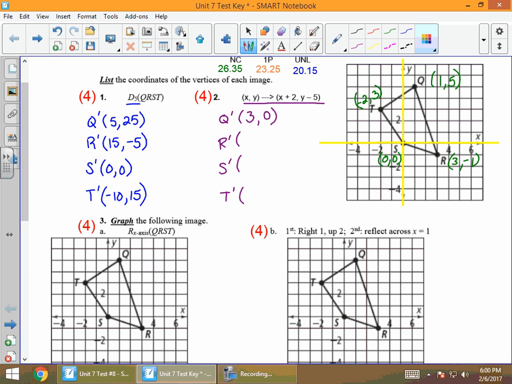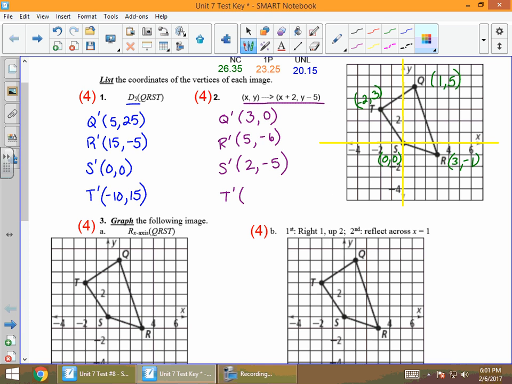For R, the old R, the x value was 3, and I need to add 2 to that. 3 plus 2 is 5. The y was -1, and I need to subtract 5 from that. -1 minus 5 is -6. S was 0, 0. So I plug in a 0 and a 0. So 0 plus 2 is 2. 0 minus 5 is -5.